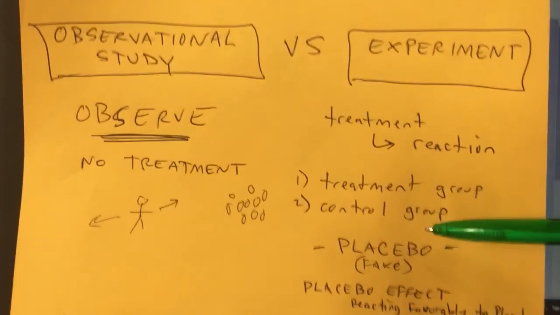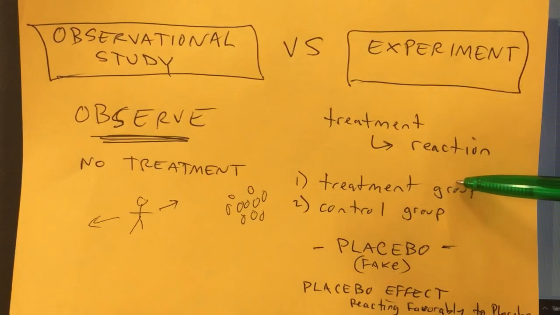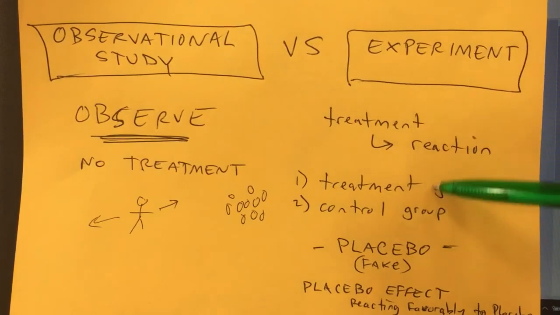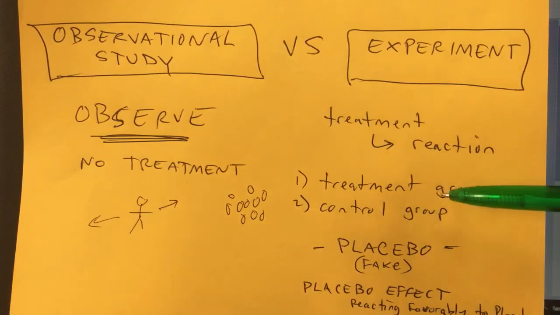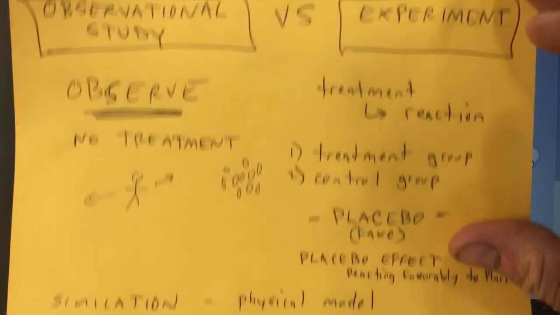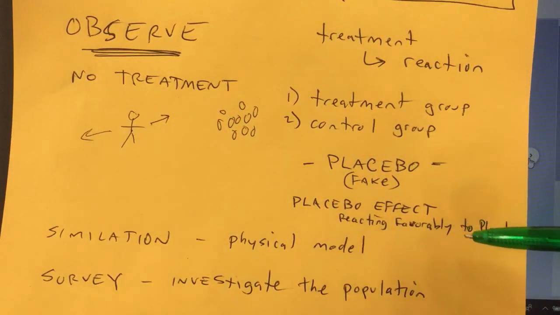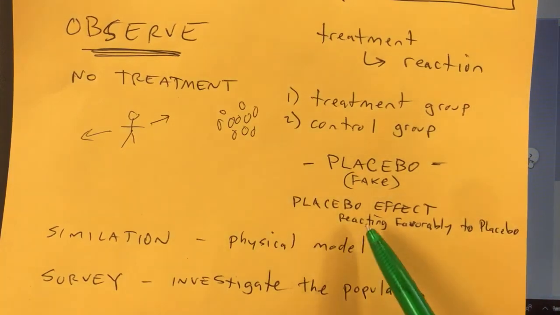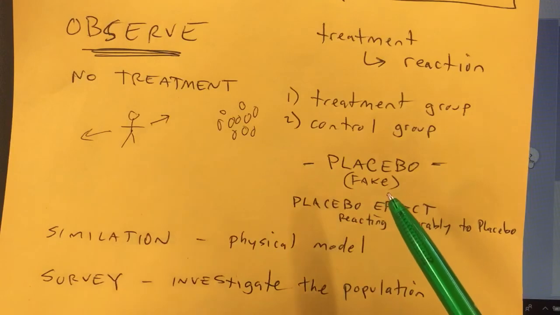And so what they do is they test the group and see what their reactions are on the treatment group versus the control group and see what kind of difference there is between them after the time period of this treatment. Now, the people that get the placebo, some of them will have this placebo effect take place, which means they're reacting favorably to the placebo, which is a fake treatment.